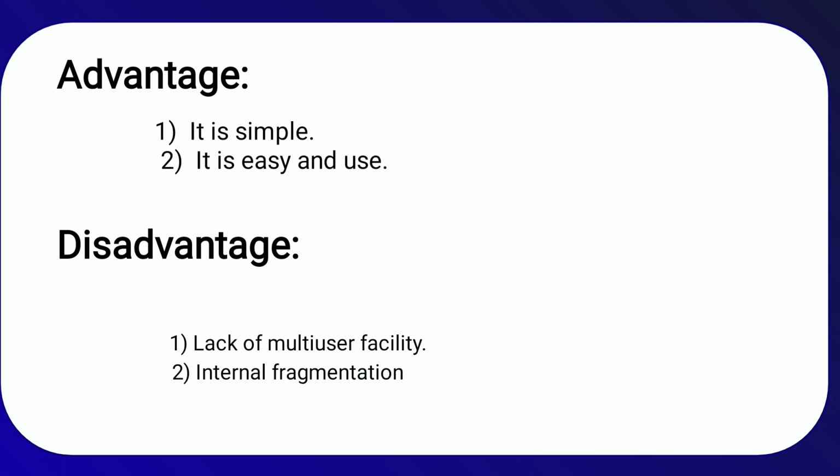Internal fragmentation means, in the user part, suppose the size of the user part of main memory is 32K and the size of the process is 22K. So 10K of main memory will remain unused. The unused part is called internal fragmentation.